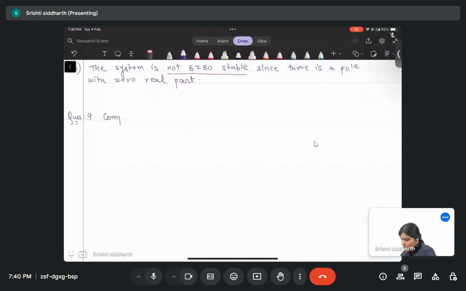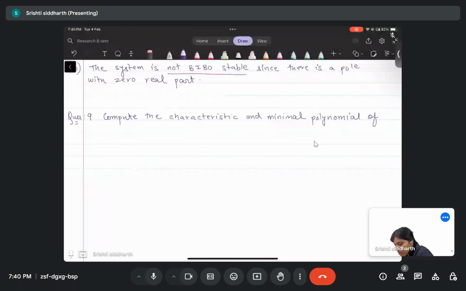So compute the characteristic polynomial.